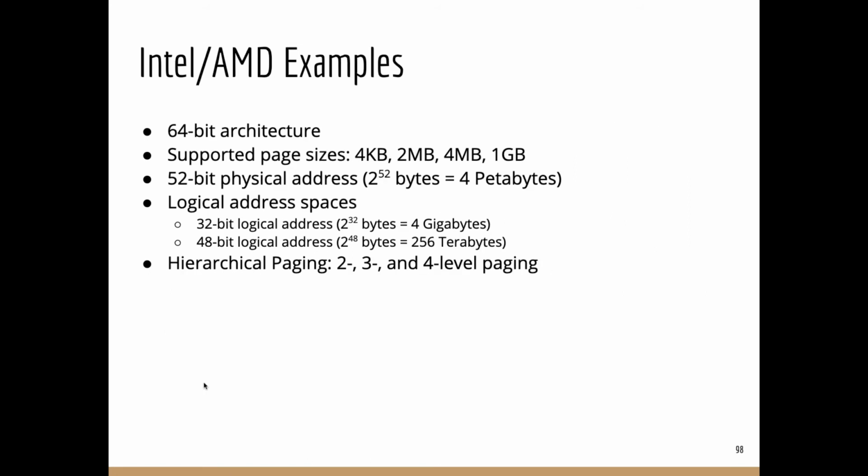The family of 64-bit CPUs by Intel or AMD support several address formats. Page sizes range from 4K, 12-bit offset, to 1 gig, 30-bit offset. These CPUs can access a physical RAM up to 4 petabytes.